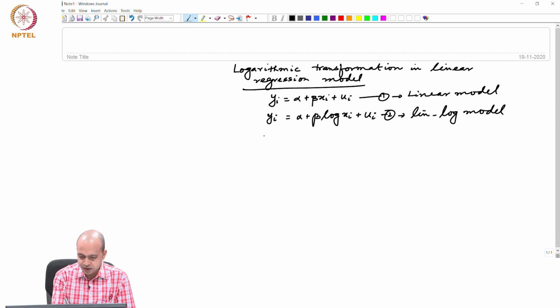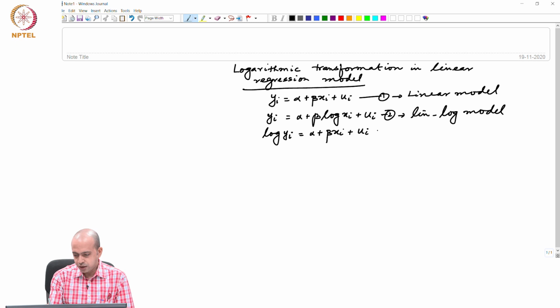Possibility 3 is this: log of yi equals alpha plus beta xi plus ui, and this is model 3, which is known as log linear model.